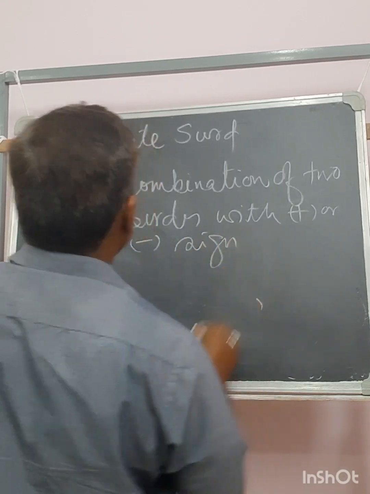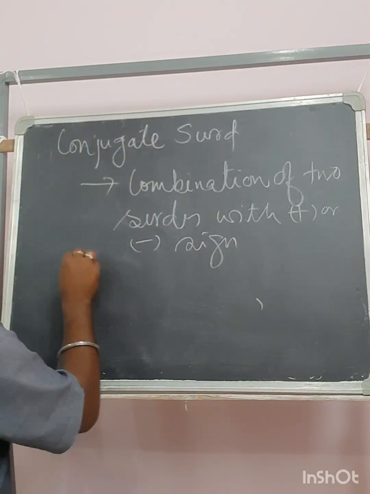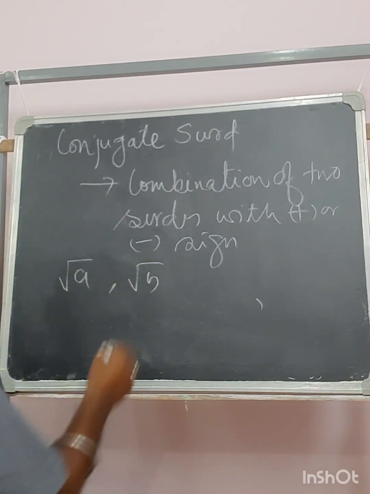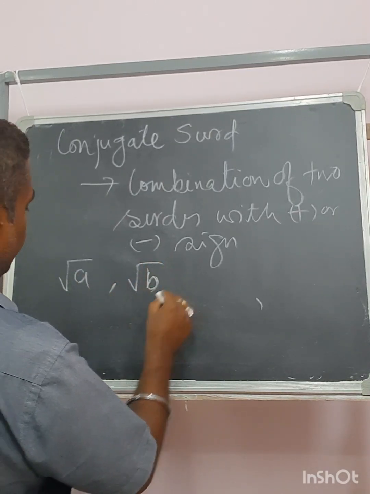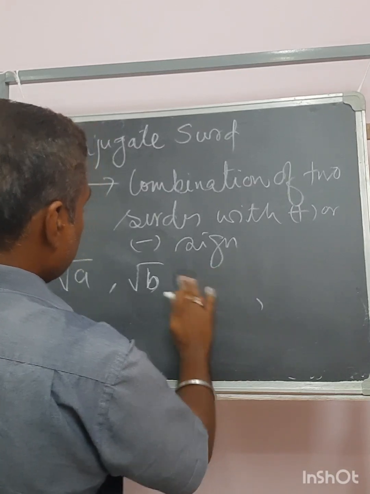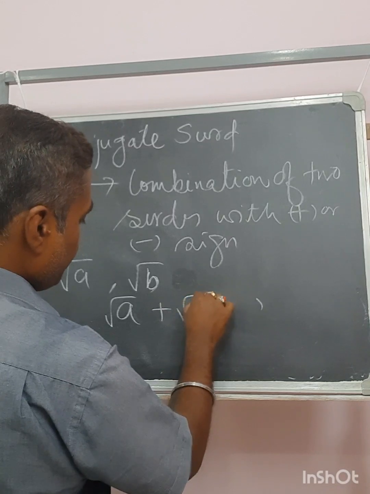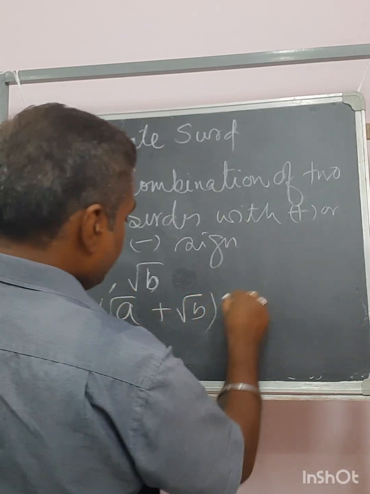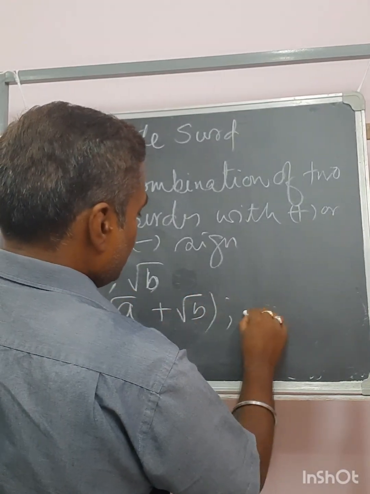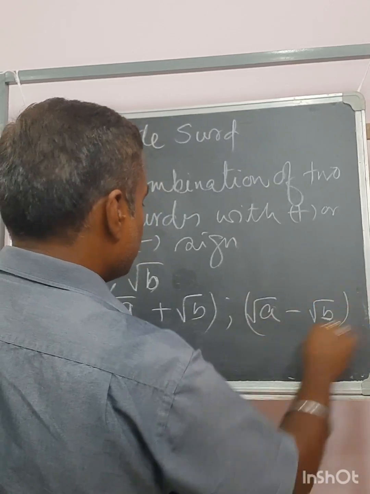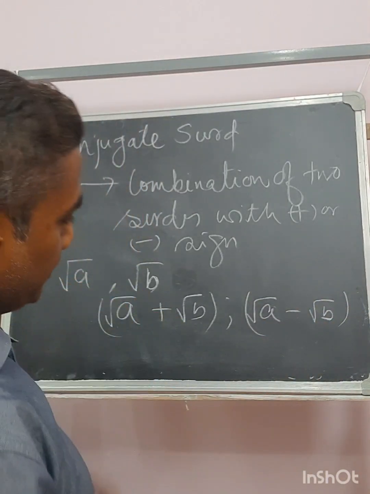That means if root A is a surd and root B is a surd, then I can say the conjugate surds would be root A plus root B and root A minus root B. So these are the conjugate surds for root A and root B.